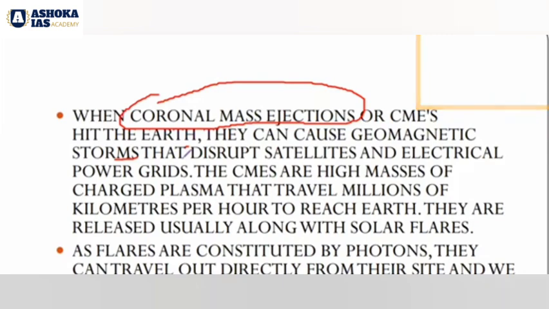This continuous interaction of the solar wind with the Earth's geomagnetic field may lead to a geomagnetic storm, which could disrupt satellites and electrical power grids. Coronal mass ejections are high masses of charged plasma that can travel millions of kilometers per hour to reach the Earth, and they are usually released along with solar flares.